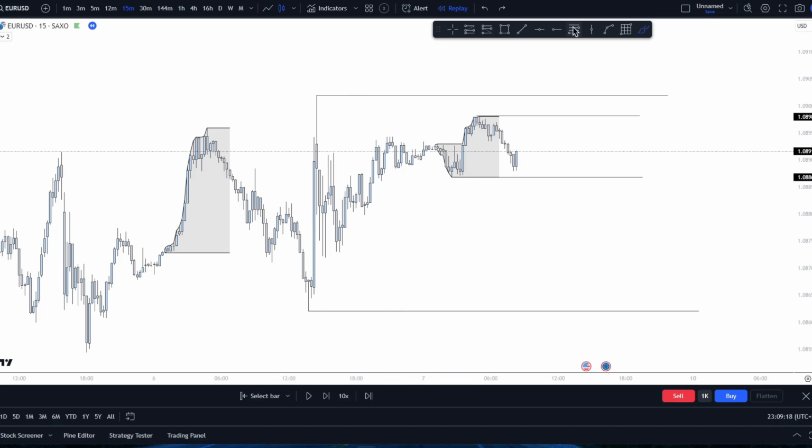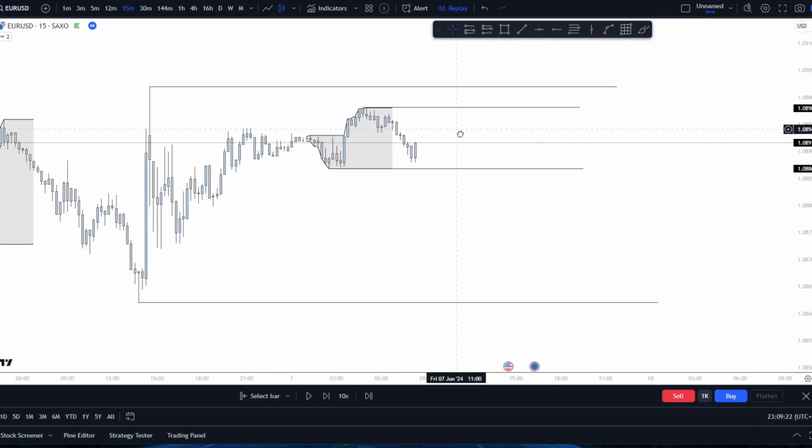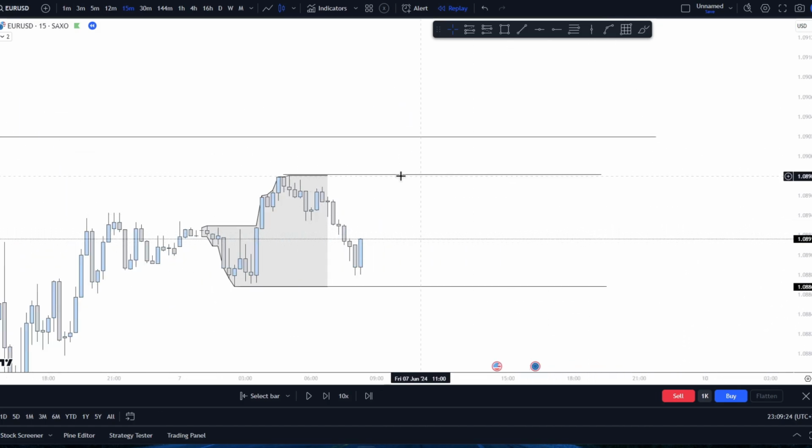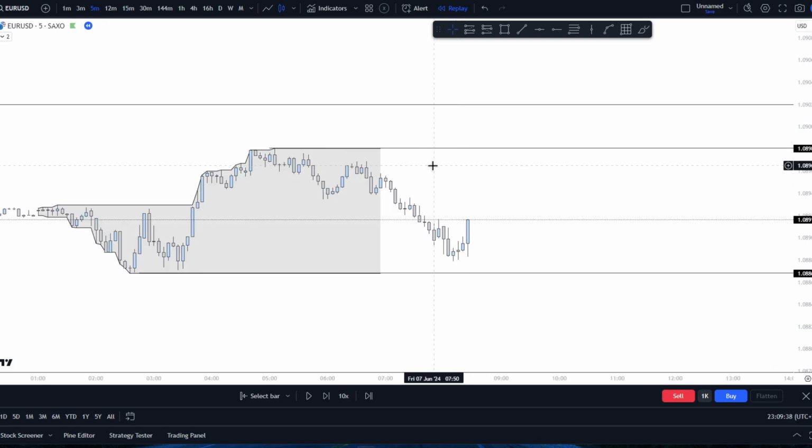This POI doesn't really look valid. It looks like a trap, but if you want to learn about it, join my Discord, because I often talk about traps, POI traps.